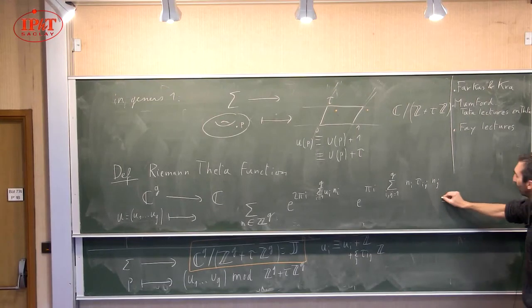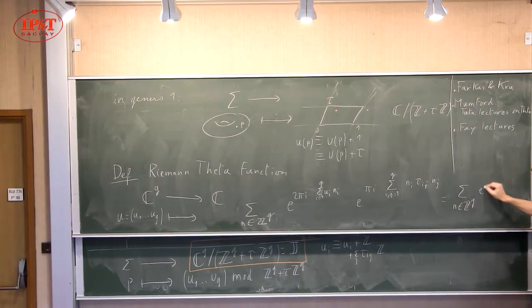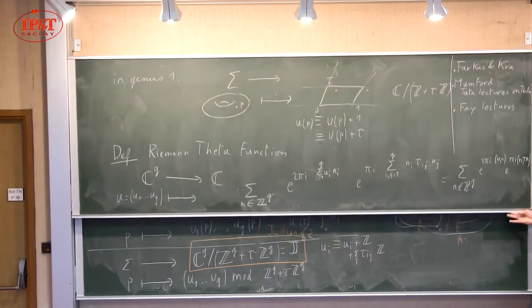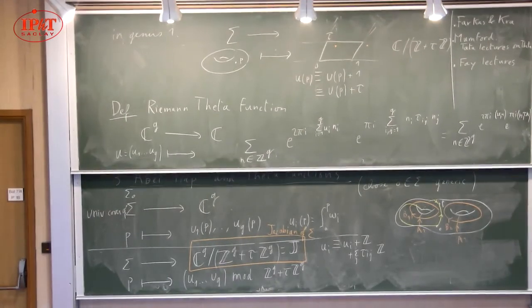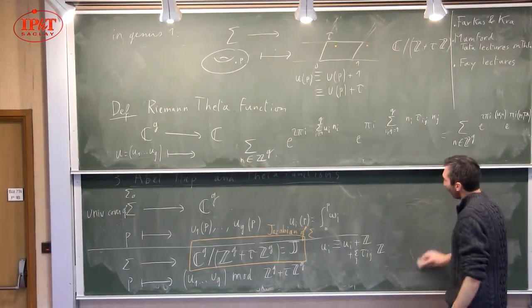Well, very often we shall write it this way: sum over n belonging to Z^g of exponential 2 pi i n scalar U, times exponential pi i n tau n, scalar product, I should write. So it's not periodic.